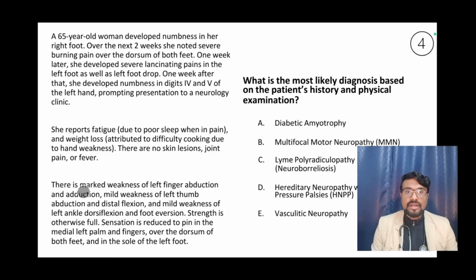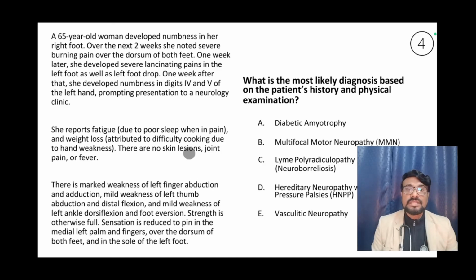There was marked weakness of left finger abductions and adductions, milder weakness of left thumb abduction and distal flexions, and mild weakness of left ankle dorsiflexion and foot eversion. Strength is otherwise full. Sensation is reduced to pain in the medial left palm and fingers, over the dorsum of both feet and in the sole of the left foot.